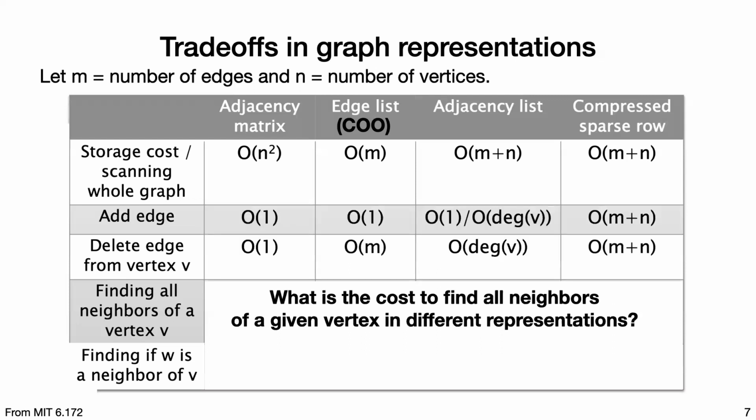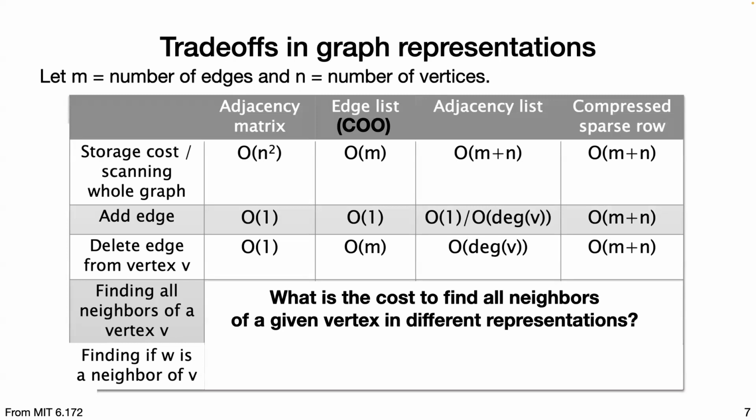Good. So like you said, in an adjacency matrix, it's O(1) to modify it. In the edge list, it's O(1) to add an edge because you put it at the end. To delete the edge, you have to shift them all back up, assuming they're all kept contiguously in memory, to fill the space.